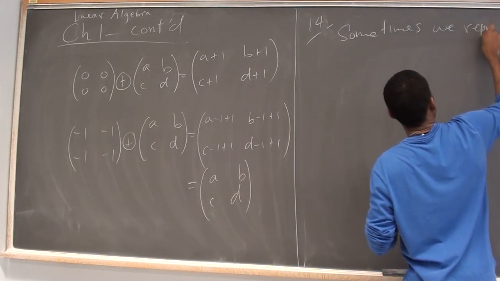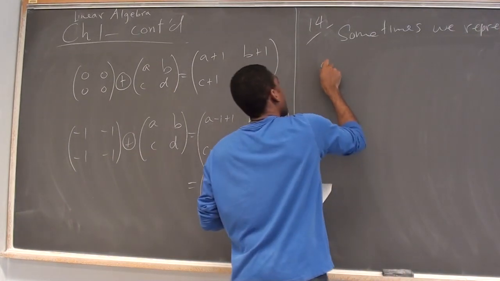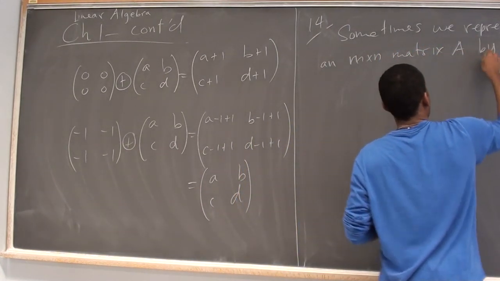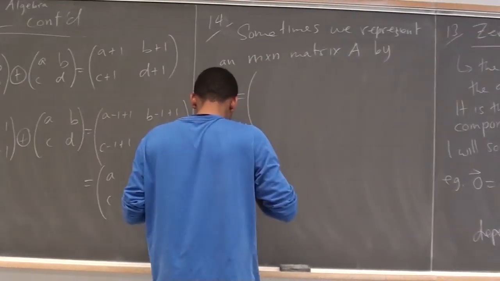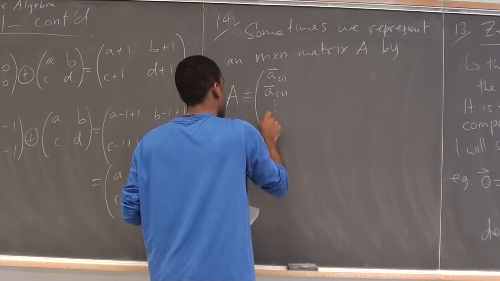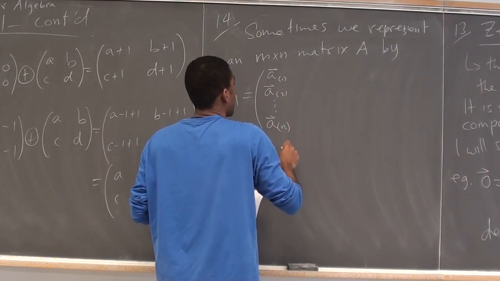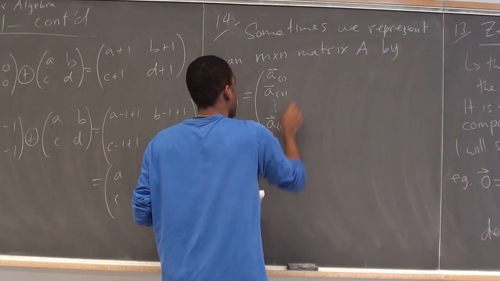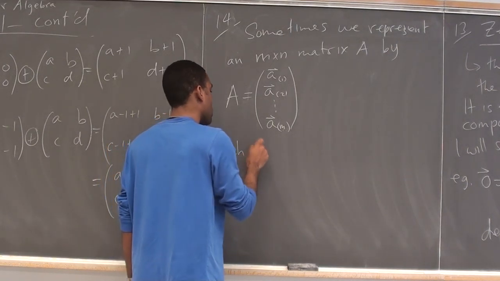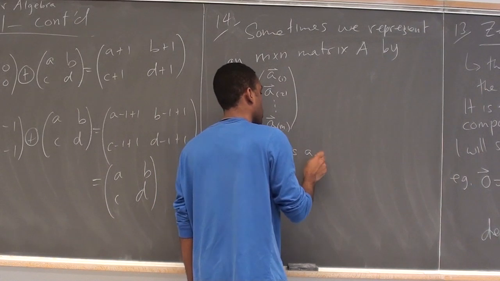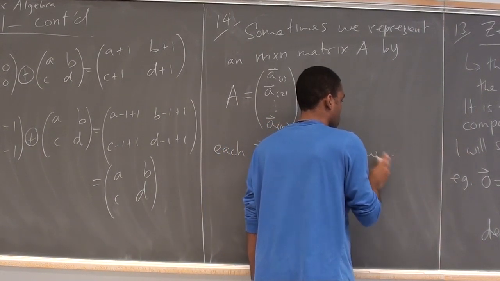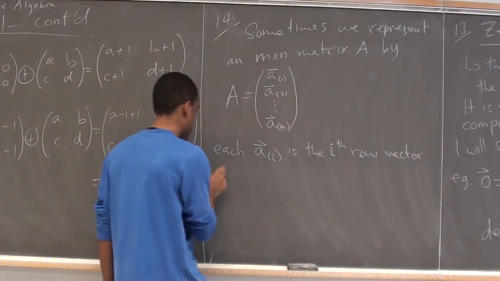Sometimes we represent an n by n matrix A by a matrix of vectors.